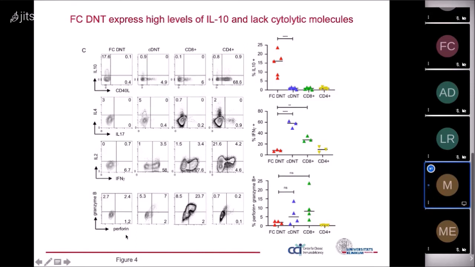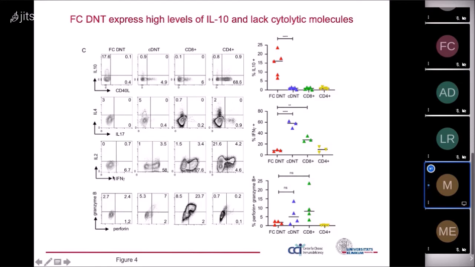We checked for granzyme B and perforin expression by flow cytometry, and we couldn't find anything. And interesting also in this slide is that, on the other hand, the conventional DNT were able to produce interferon gamma after stimulation, and they were also expressing a bit of cytolytic molecules, making them again more similar to the CD8 rather than to the Fc-DNT.